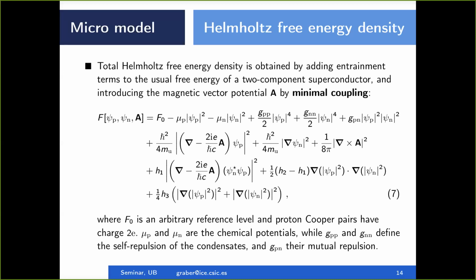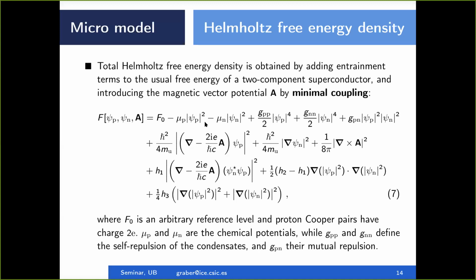So this entrainment, or this density-dependent coupling term, is then the standard term that we added on to the standard free energy of a 2-component superconductor. And we've also introduced the magnetic field using minimal coupling. So if you're familiar with this from your work or your courses, the first 2 lines are essentially the standard Ginzburg-Landau energy that you have for a 2-component system.